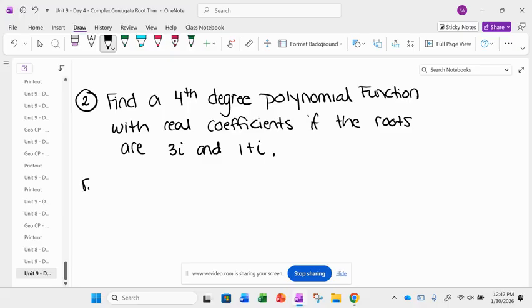Okay, so if root 1 is 3i, what's root 2? Negative 3i, good. If root 3 is 1 plus i, what's root 4? 1 minus i. Any ideas on what I should do? Any guesses?